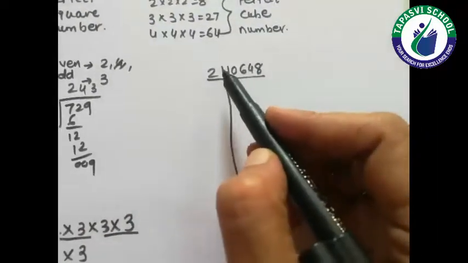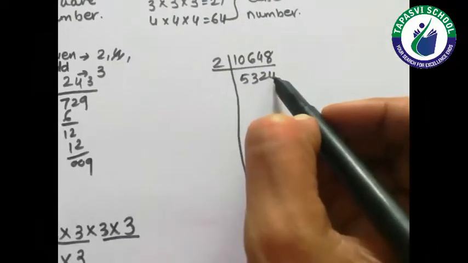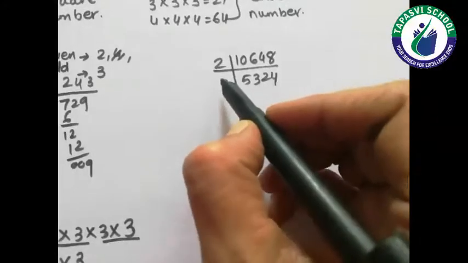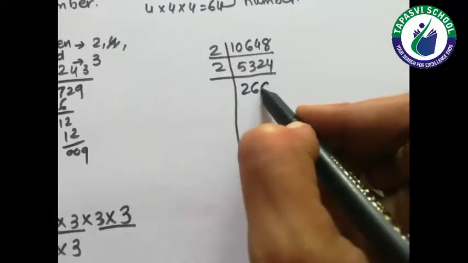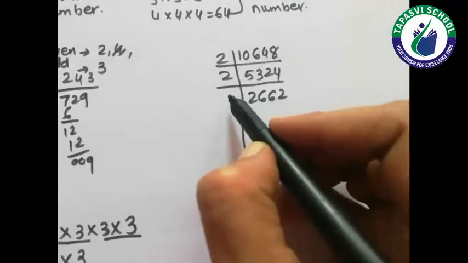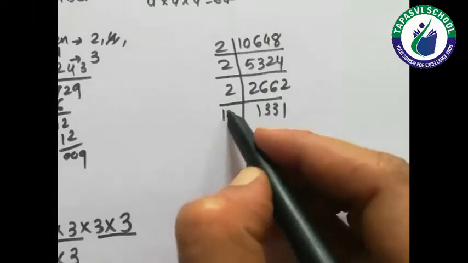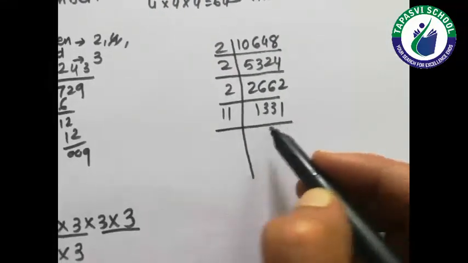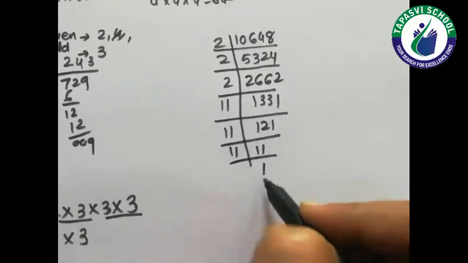So on division of this number, you will get the result 5324. Again the last digit is even, so divide it by 2. Here you will get 2662. Again 2, that will be 1331. It's the cube of 11. So divide it by 11: 11 1s are 11, 11, 1.